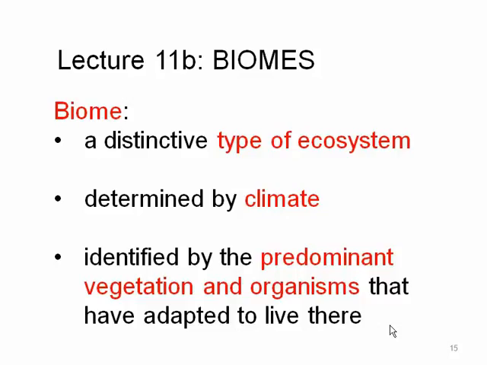And then we identify and categorize these ecosystems into biomes based on predominant vegetation and other organisms that are adapted to those largely climatic conditions with influences of soil, topography, and geology. So these are the biomes that we see on the Earth, which are important from the standpoint of thinking of how the whole Earth interacts.